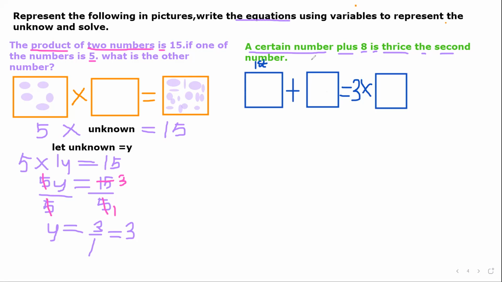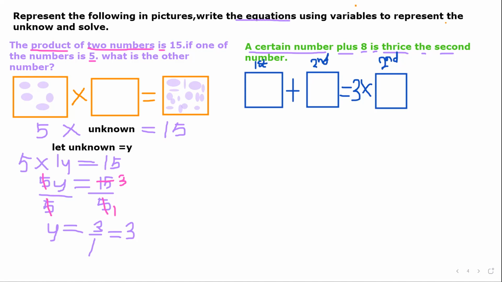The 8 will be the second number here. Good. So now 3 times the second number.